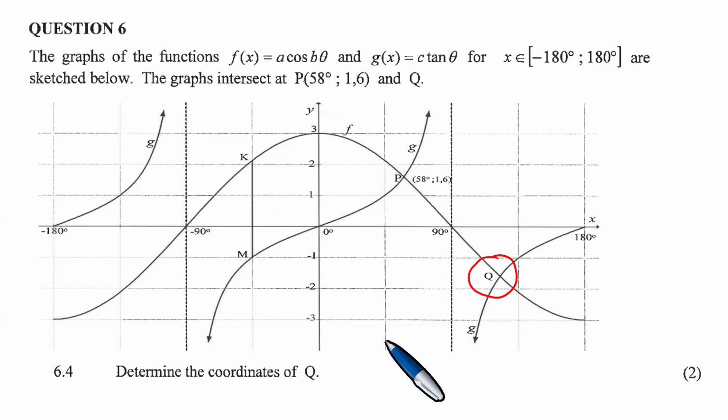How do we therefore find the point of intersection of the two functions? We proceed as follows. It is very clear that, in view of the points, there is a reflection.